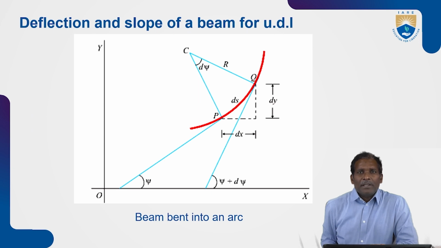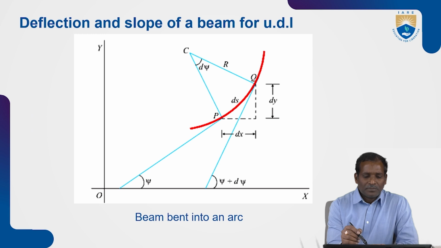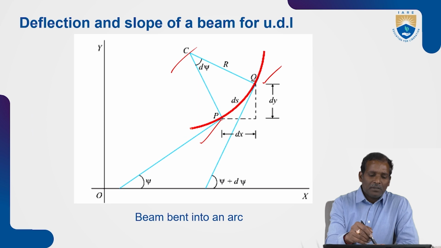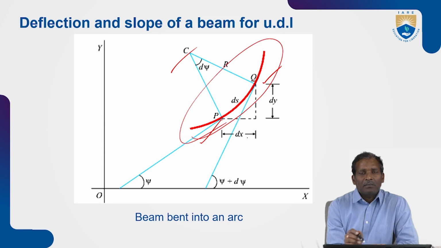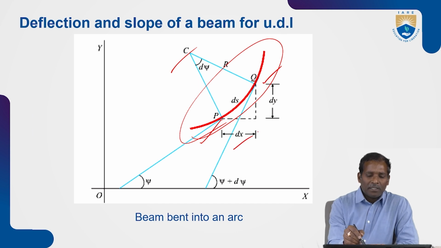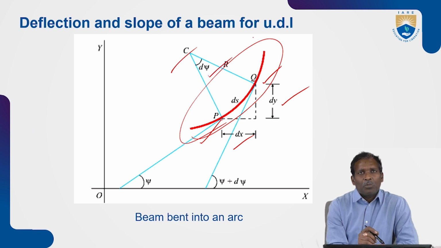See, the beam is bent into an arc as shown in the diagram, PQC. The beam is bent like this in a circular arc. Take the elemental length dx and dy, and the elemental slope is d psi.